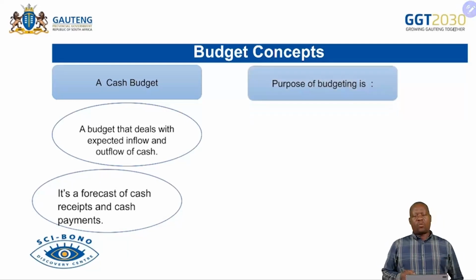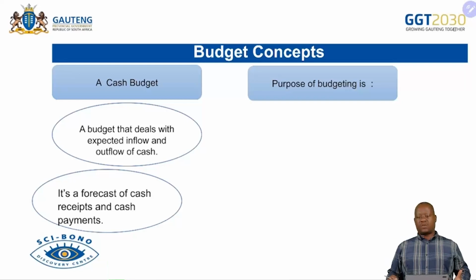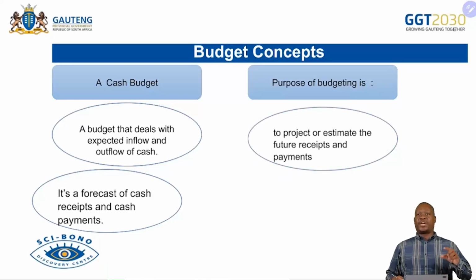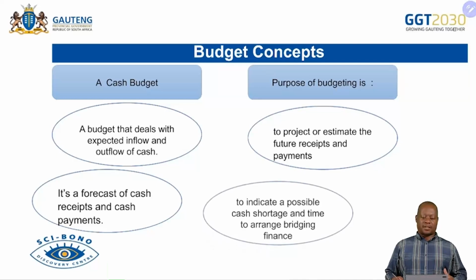And then, what is the purpose of this cash budget? It is to project or to estimate the future receipts and payments. That is for planning purposes. What are our expected receipts and what are we expecting to make as payments?